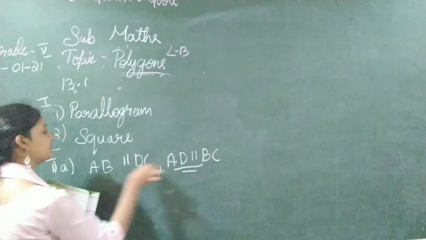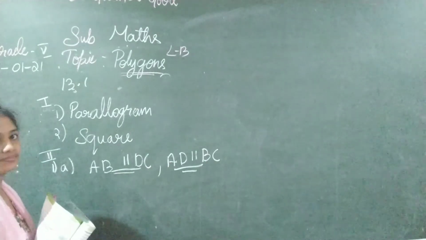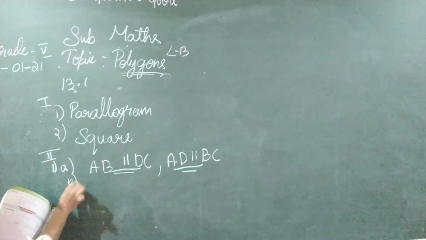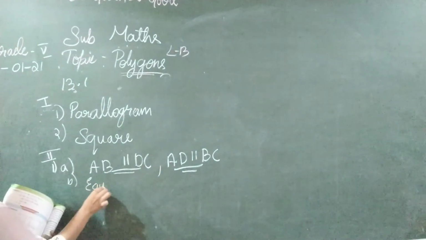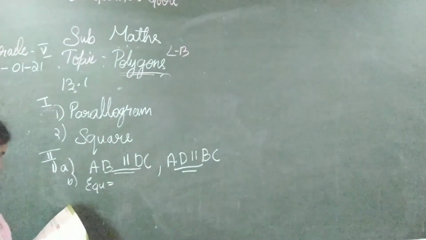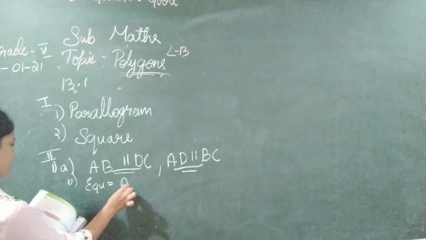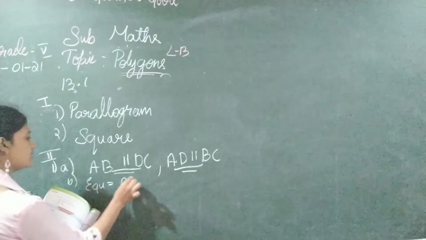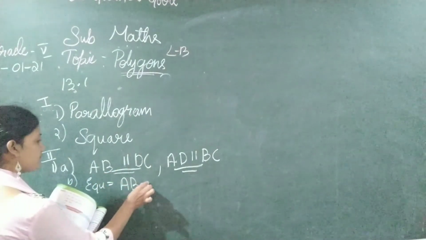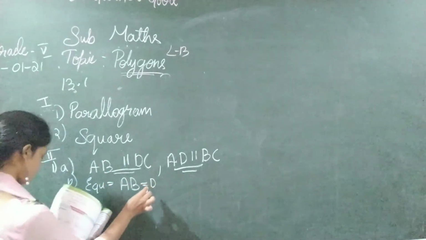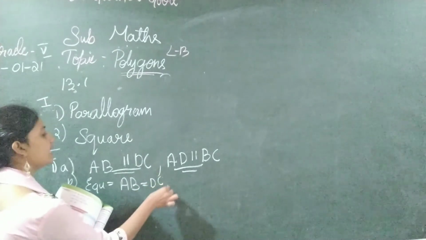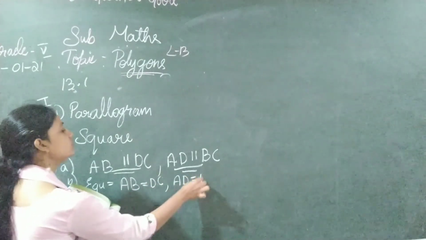So these two pairs of sides are parallel to each other. The next question is equal sides. Which are equal sides? Same thing, children, whatever you have written here, they are equal also. So AB is equal to DC, and AD is equal to BC.